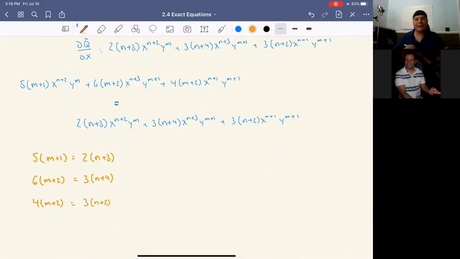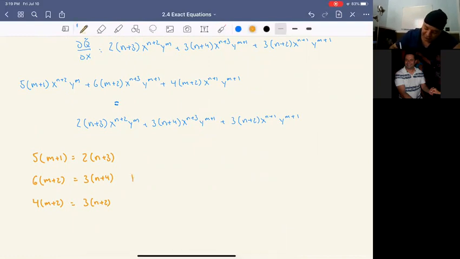Okay, so now that means we have 3 equations and 2 unknowns. So we may actually not have a solution. If we didn't have a solution that satisfied all 3 of these, that would mean that our assumption is bad. Okay, so let's hope and pray to the math gods that this will work out for us.